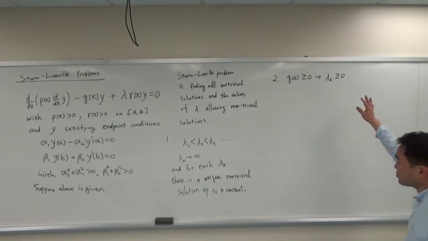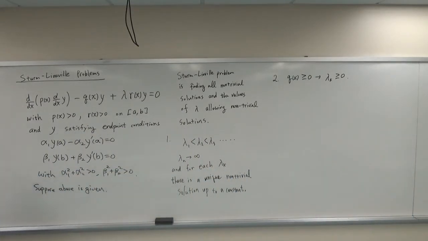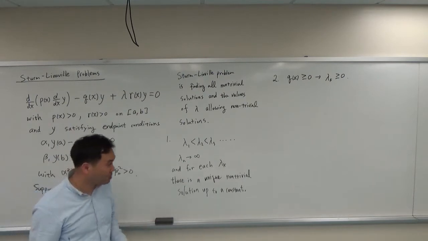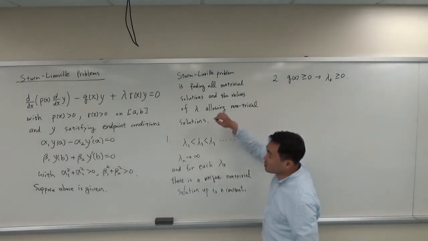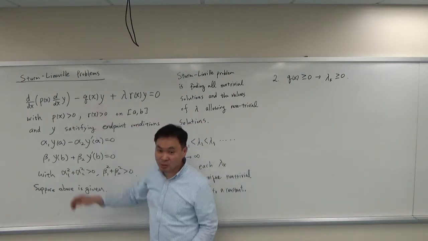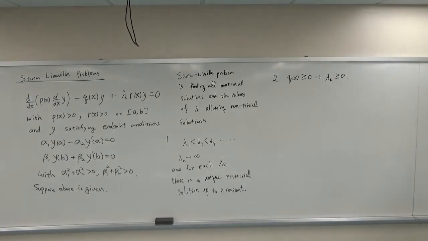And that's what I was talking about, that we don't have to search for negative eigenvalues because our case was when q(x) was 0. In that case, it's non-negative. So we don't have to take care of that. That's convenient.